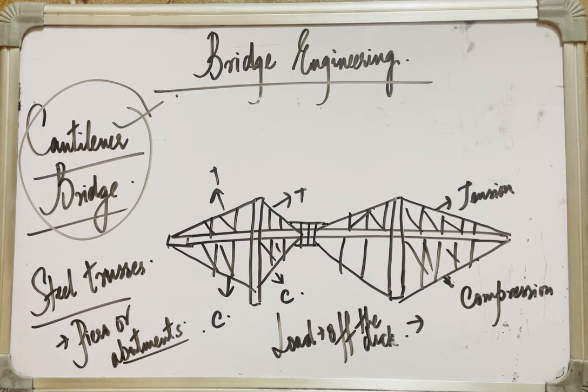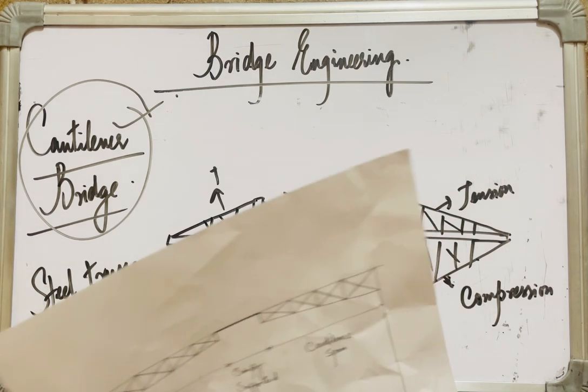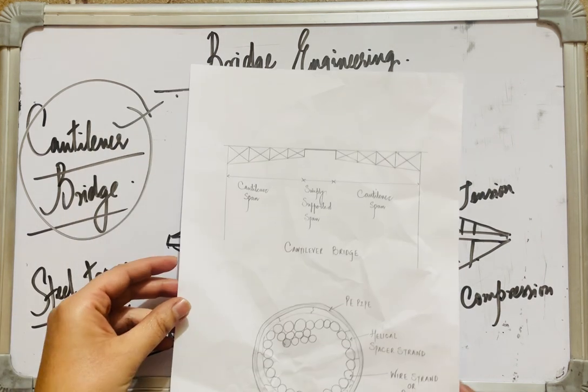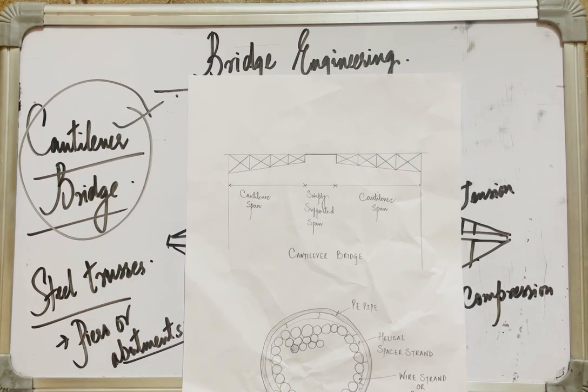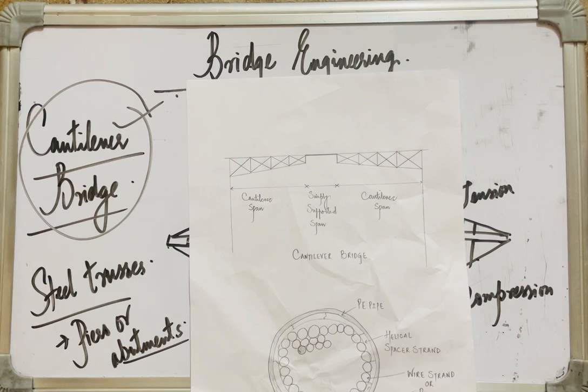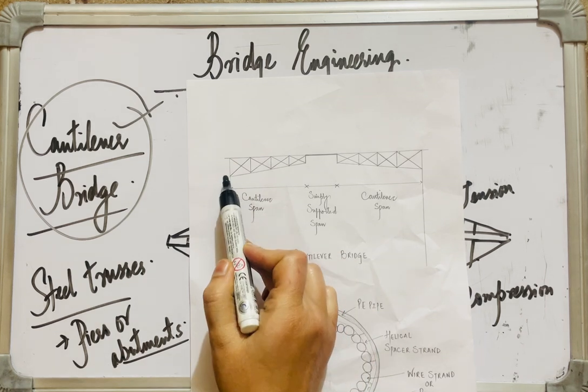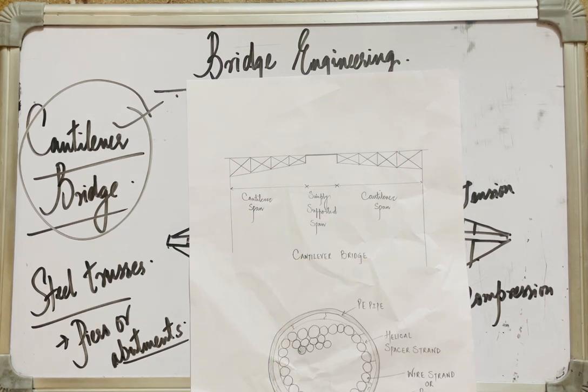Let me summarize it once again. Let me show you the first diagram. This one. So the main span of a bridge in case of a cantilever bridge is formed by using the projecting beams which are anchored at the one end and are free at the other. These are known as cantilevers.